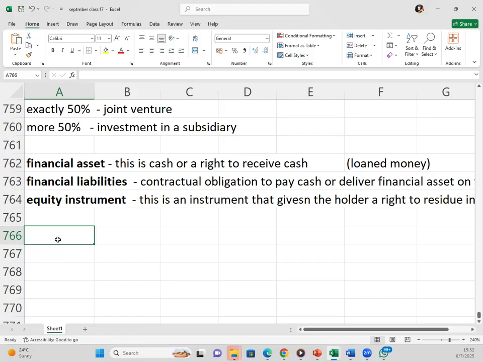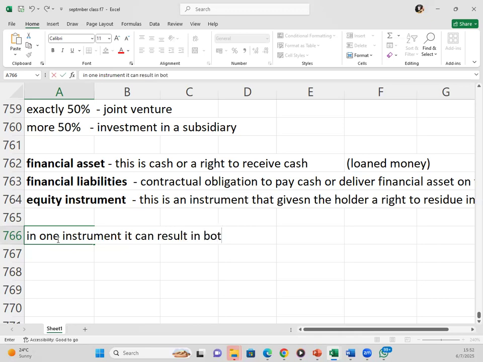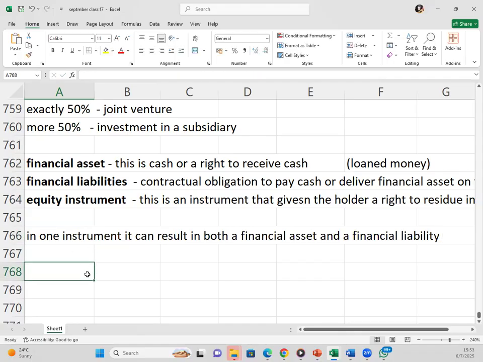One instrument can result in both a financial asset and a financial liability. So one instrument can give rise to a financial asset or a financial liability.